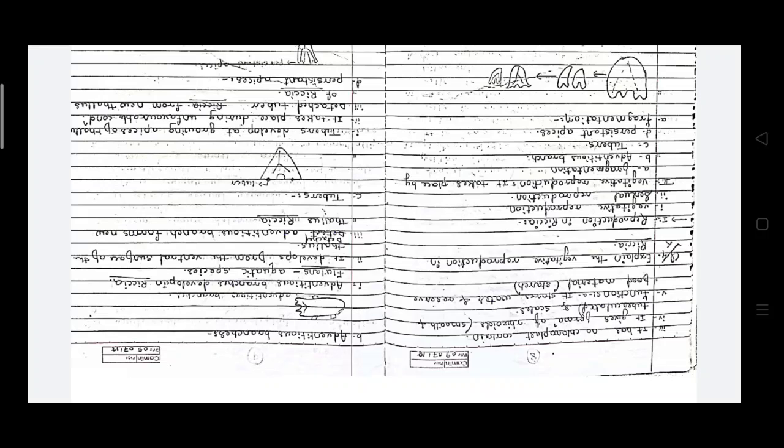The main function of the photosynthetic region is photosynthesis and assimilation.